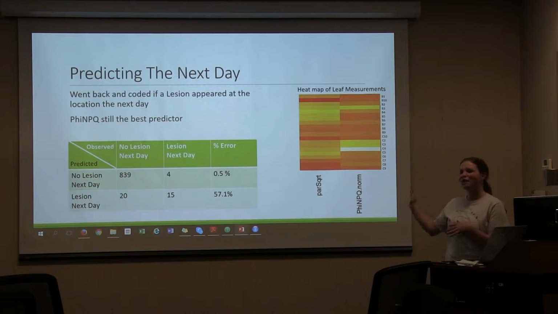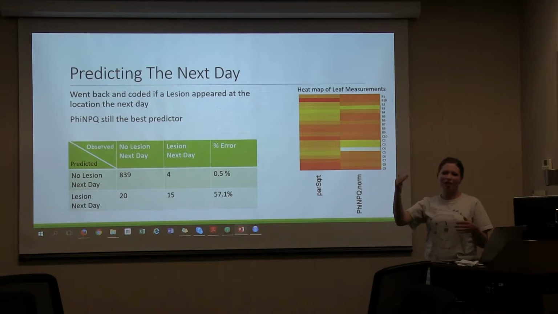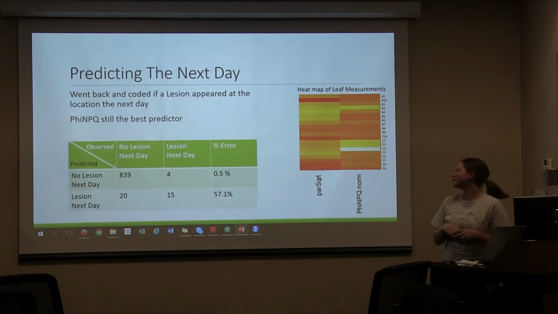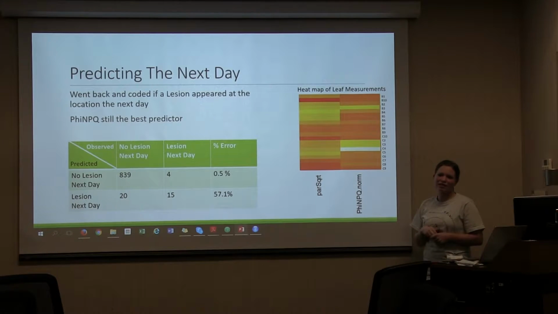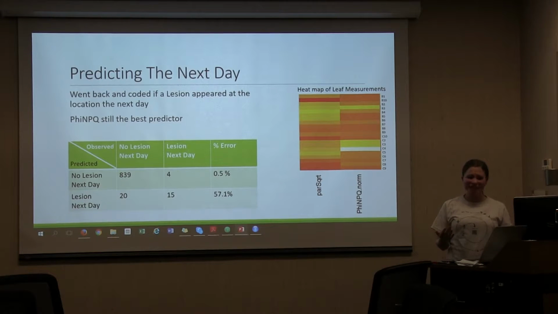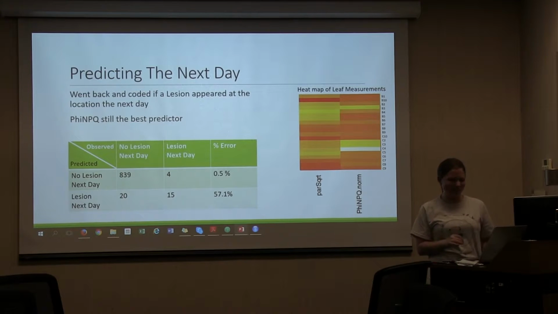If you make heat maps of these leaves leading up to lesions, everything looks orangey and normal, following PAR as you would expect, until the day before, where you get these bright warning signals. So you can predict, it's just very specific and very quick to happen.